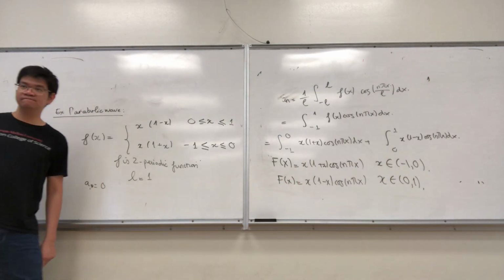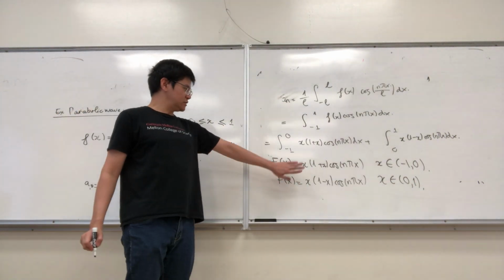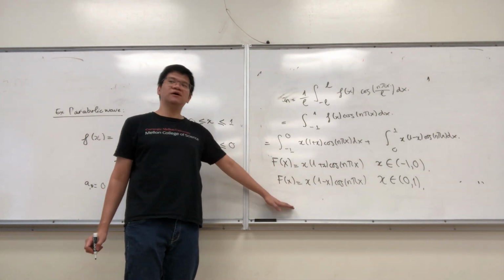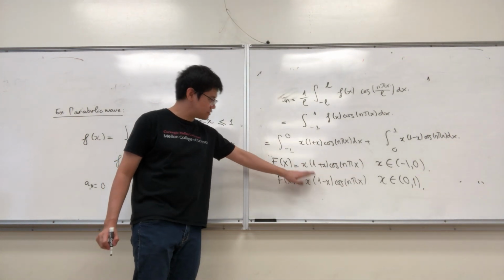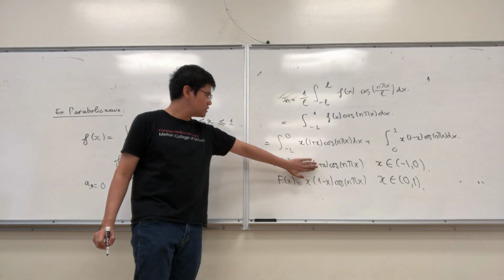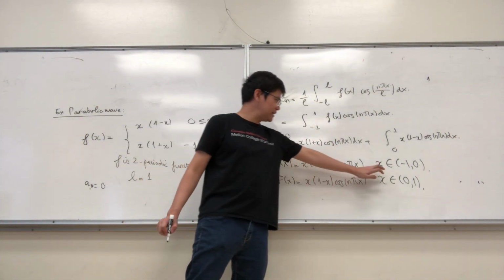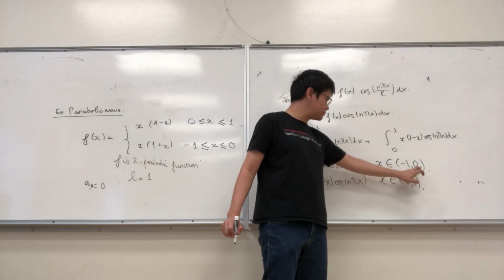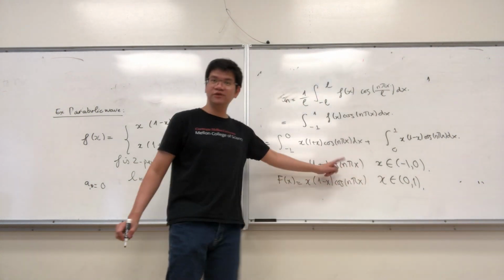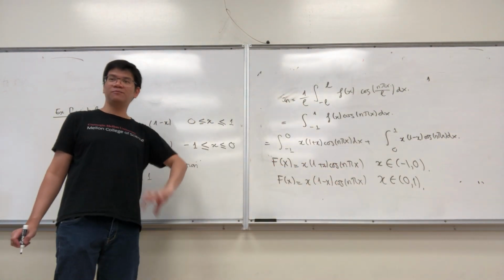So I'm going to define two different values for x from -1 to 0 and 0 to 1. So here we have two functions combined into one.